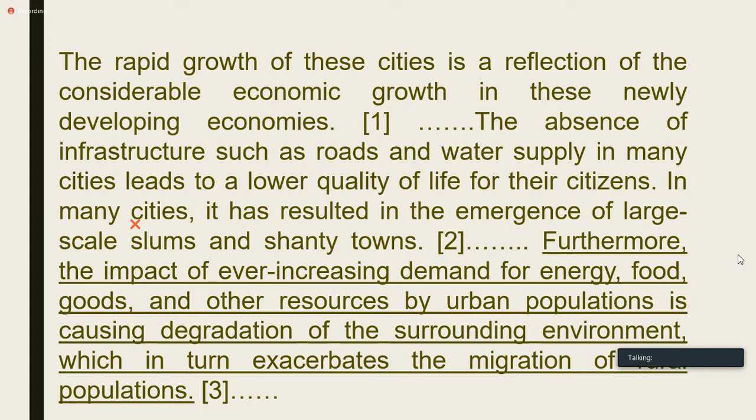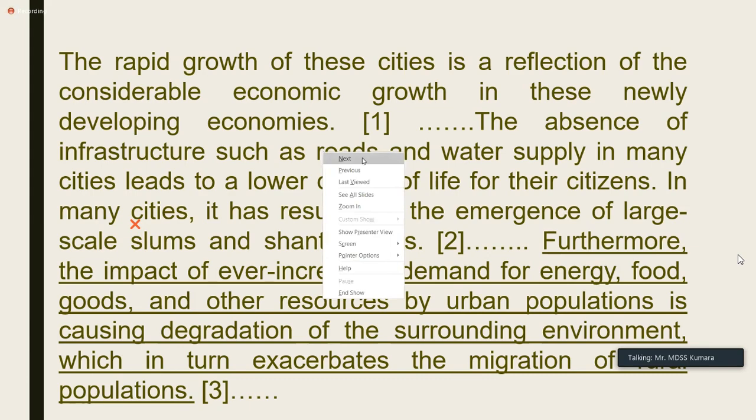Furthermore, the impact of ever increasing demand for energy, food, goods, and other resources by urban population is causing degradation of the surrounding environment, which in turn exacerbates the migration of rural population.